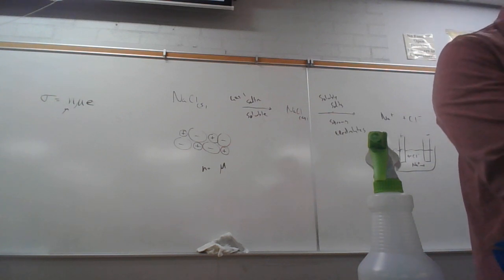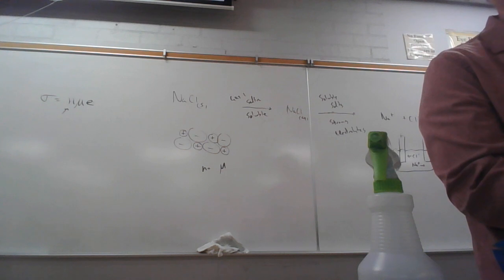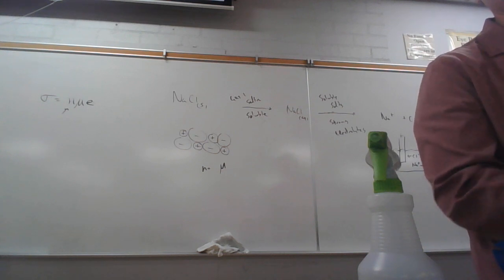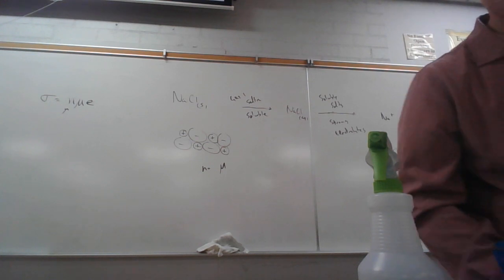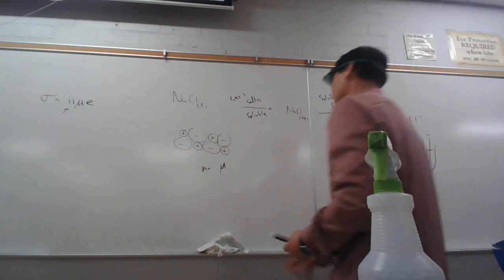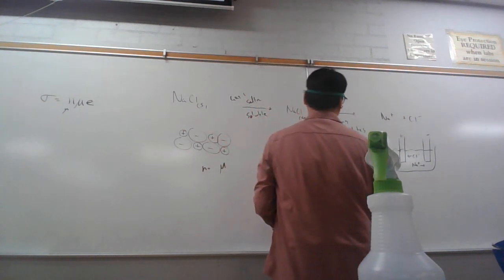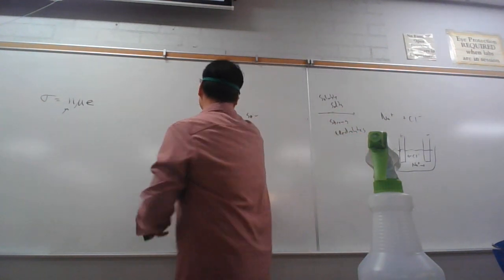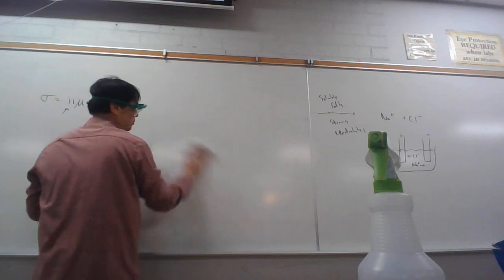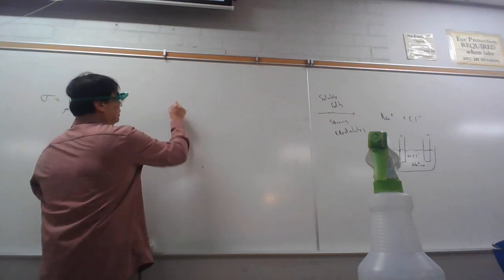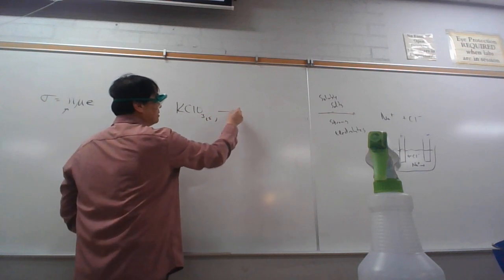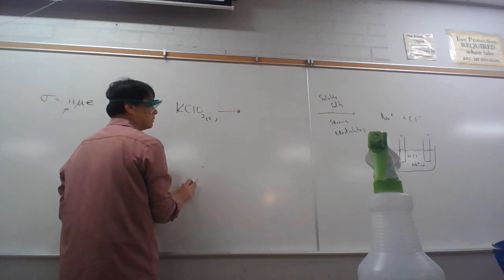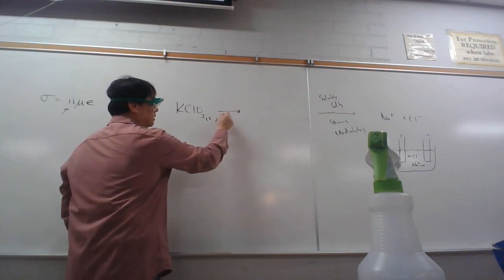I was going to ask, for potassium chlorate as a liquid, would the major species just be potassium chlorate, or would it be potassium and chlorate as a cation and an anion? This is what we do for the potassium chlorate. We take solid potassium chlorate and then heat it up. Do you know what the symbol for heat is? Delta.